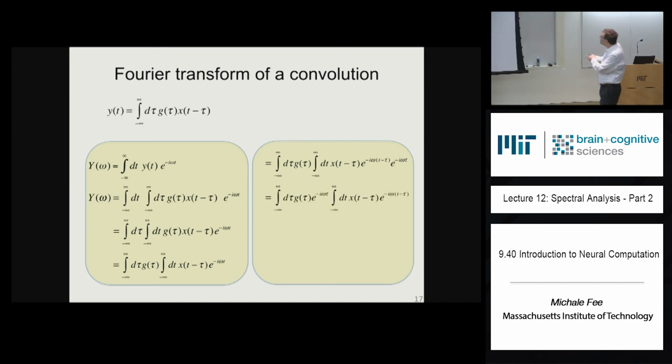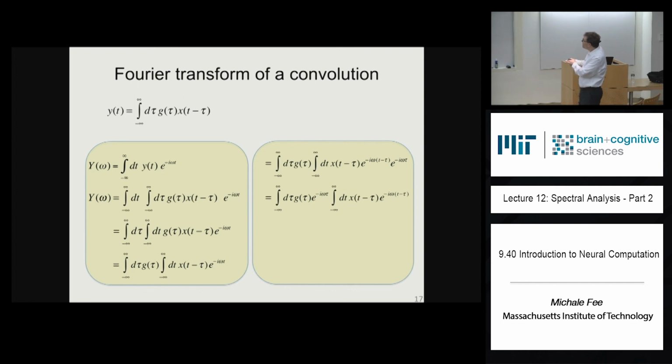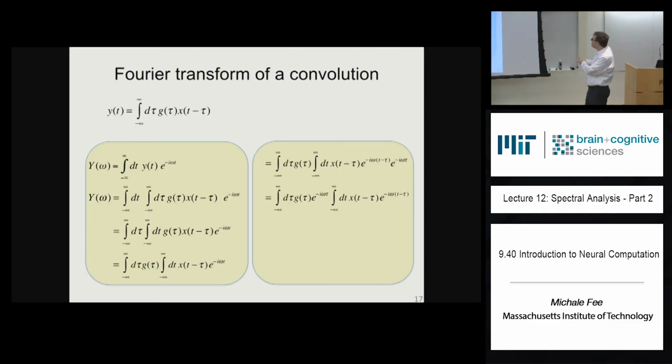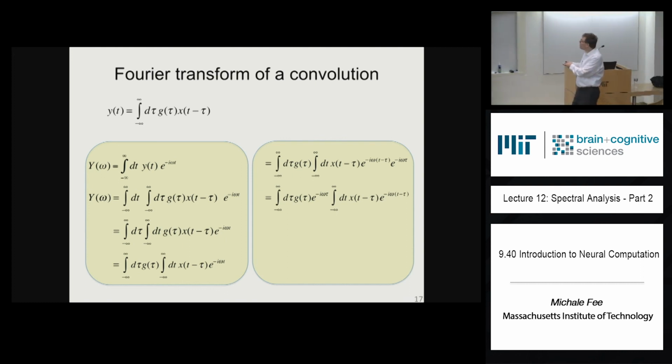Now what we're going to do is, because we're integrating over t, but this is only a function of tau, we can pull that out of the integral. And now we have integral dt x of t minus tau e to the minus i omega (t minus tau). And what do you think that is? What would it be if there were no tau there? If you just cross that out and that, what would that be?